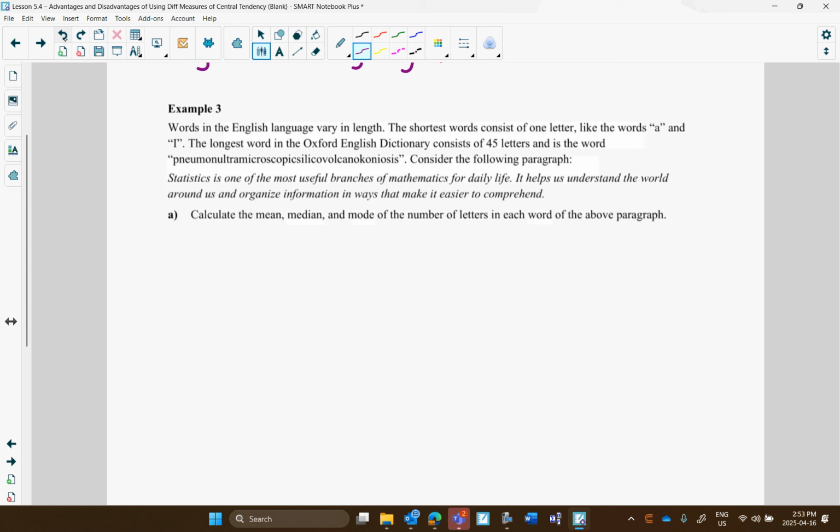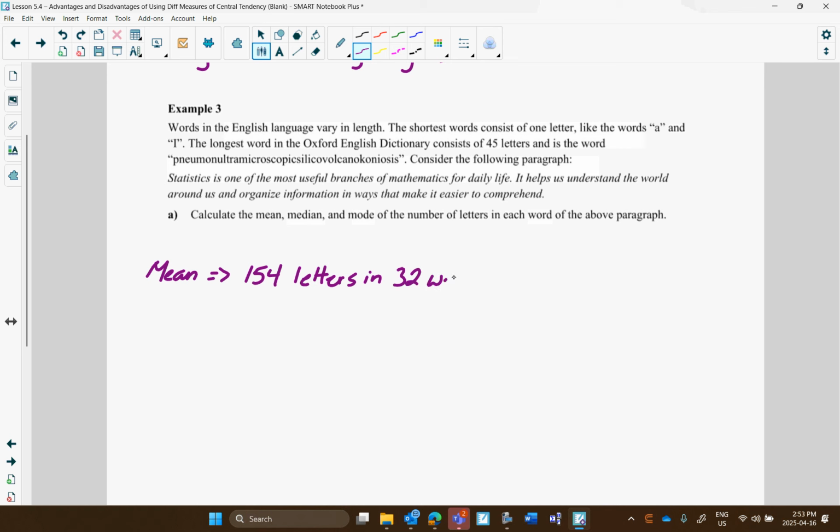Just keep in mind that in order to find the mean, there's 32 words, and for each word, we have to count the number of letters. I'm just giving you the mean. It's 154 letters altogether in 32 words.